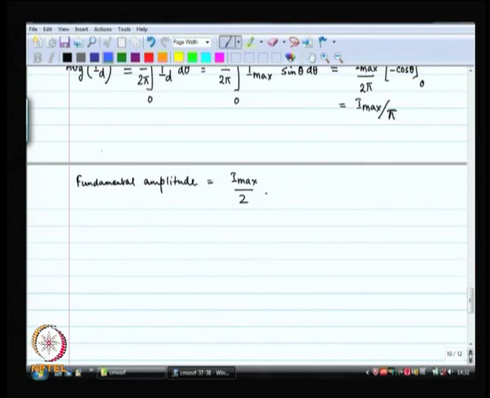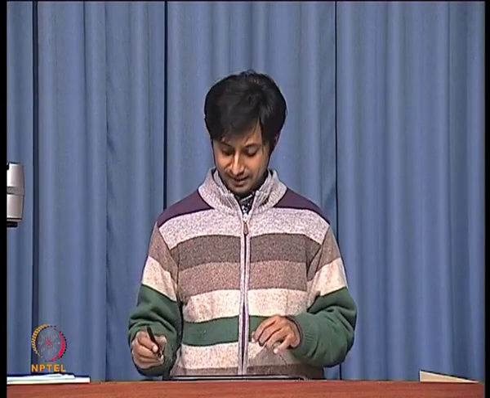So, therefore, the power delivered to the load at this frequency is I max by 2 squared, is the amplitude, half of that times r, half of I squared r, right, that is the power delivered. Now, what is this r? R antenna. Is there any relationship between R antenna, I max and the power supply?